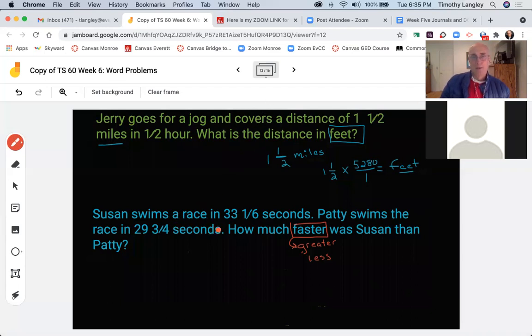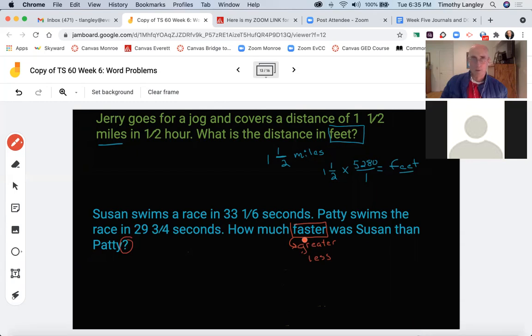Susan swims a race in 33 and 1/6 seconds. Patty swims the race in 29 and 3/4 seconds. How much faster was Susan than Patty? Okay, here's the question mark, and it's got the word faster, and faster is like greater than or less than. That's a subtraction word, okay?